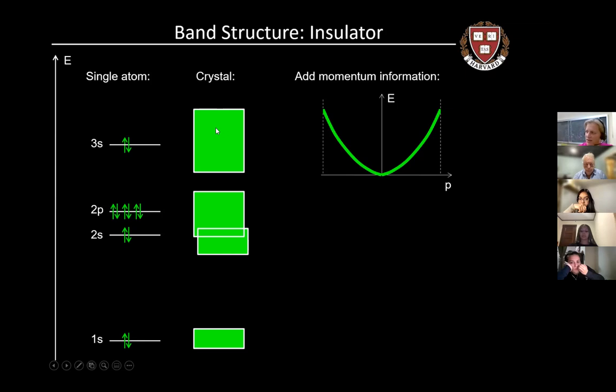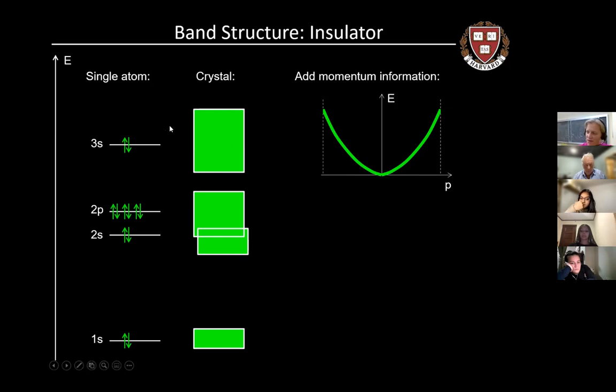In the other case, if we have a filled band, then in order to get electrons moving, we would have to excite them into the next band up across a finite energy gap. And that takes a lot of energy, and that's what makes an insulator. It's a material where it takes a lot of energy to get electrons moving net in one direction.